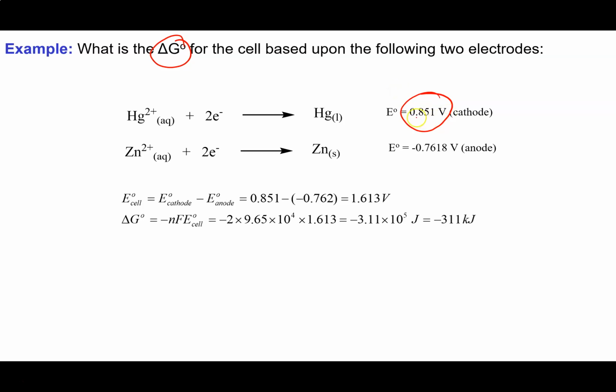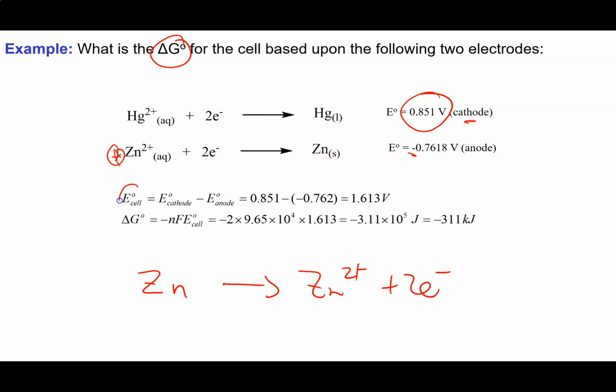So it's our mercury reduction that will be our cathode, and the zinc reaction happening at the anode will be the reverse of this. Our anode is going to be zinc going to Zn2+ plus 2 electrons, because it has a smaller value for its standard reduction potential.